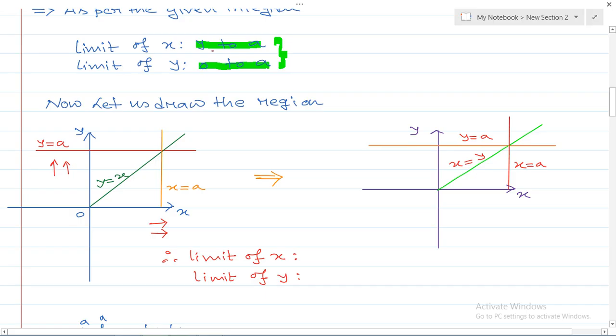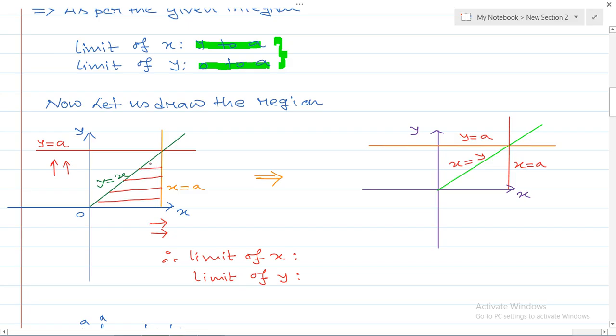Here the limit of x says that x is going from y to a. X equal to y is this line. From this line x starts its measure and it finishes at a. So basically we have to shade this region by horizontal lines.